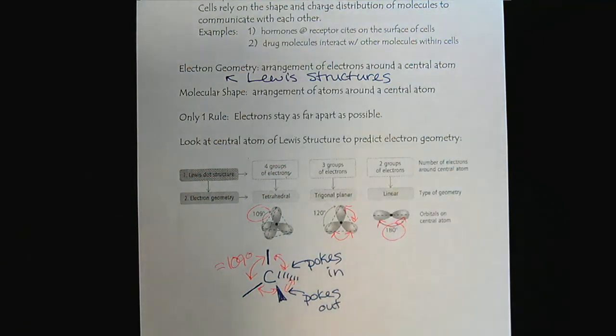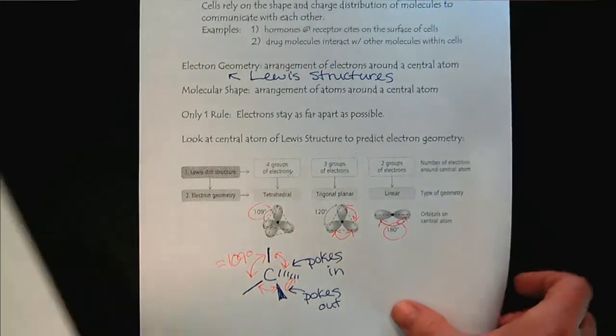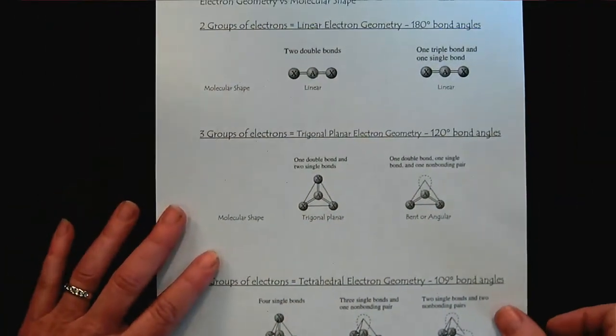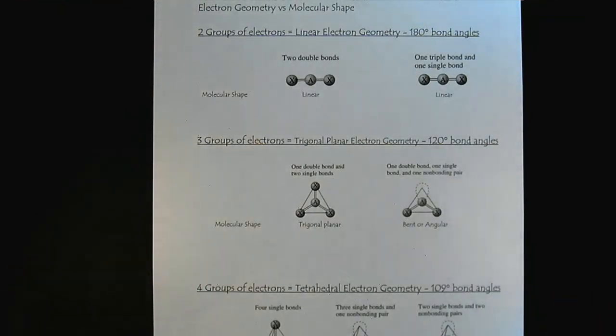So now let's explore this with actual molecules and then connect the electron geometry to the molecular shape. We'll look at our next handout, and we'll start with the simplest and work our way up to the more complex.